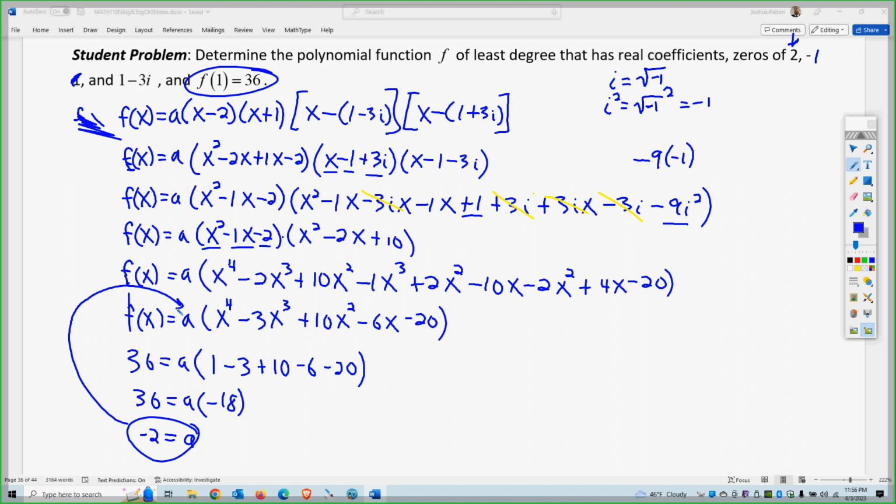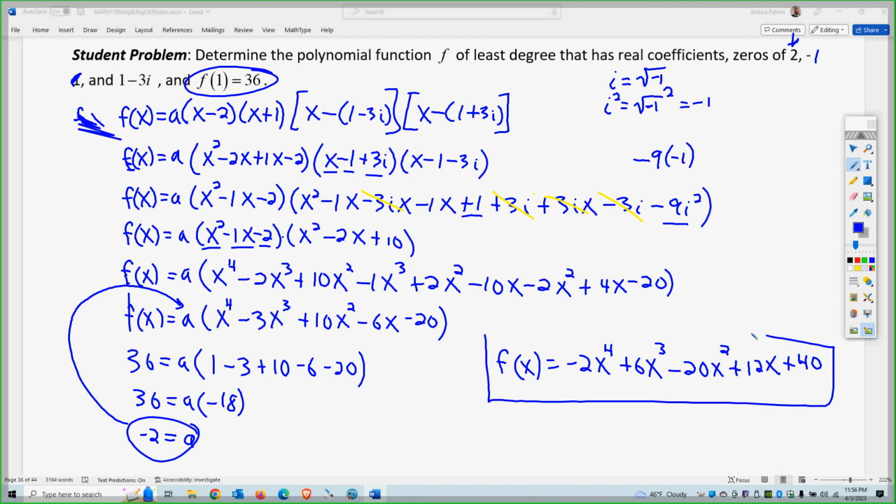So if I plug that into there, I get f of x equals negative 2x to the 4th plus 6x to the 3rd minus 20x squared plus 12x plus 40. Okay, so that is the end of part 4.